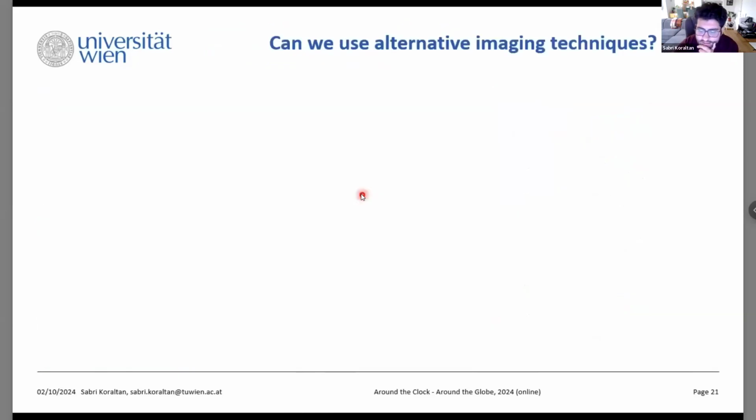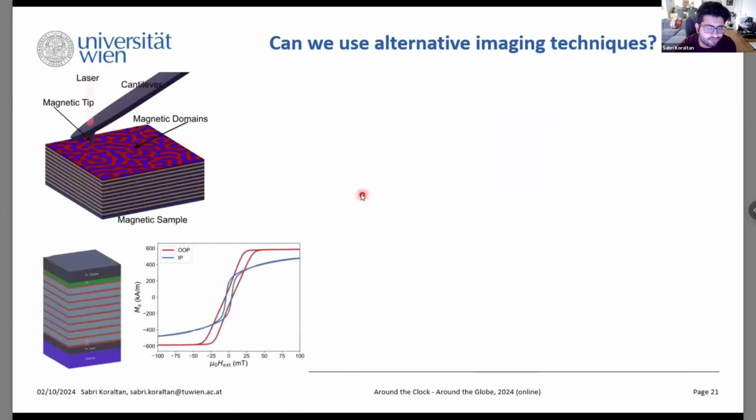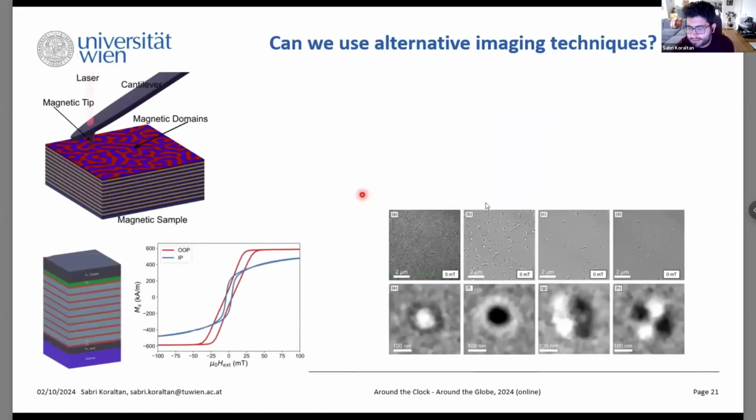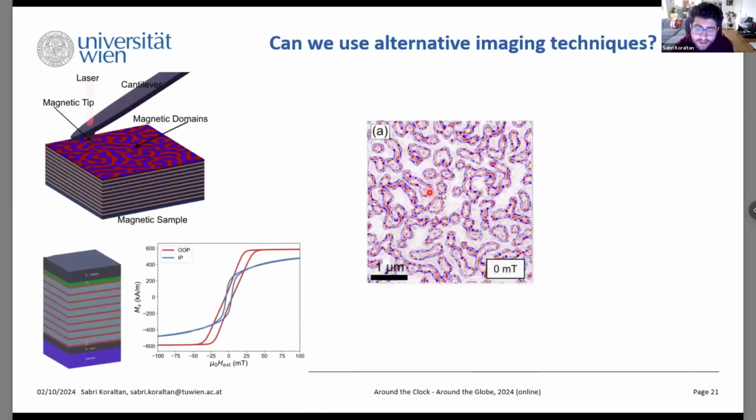Okay, and one last thing that I would like to show you is, can we image them with an alternative technique? And for this, we are doing high resolution MFM, so we do something very similar. I can skip this, but the idea is that again we have very nice anti-Skyrmions, and we did some high resolution MFM at EMPA, and you can see here that we actually see some dots in the MFM itself.